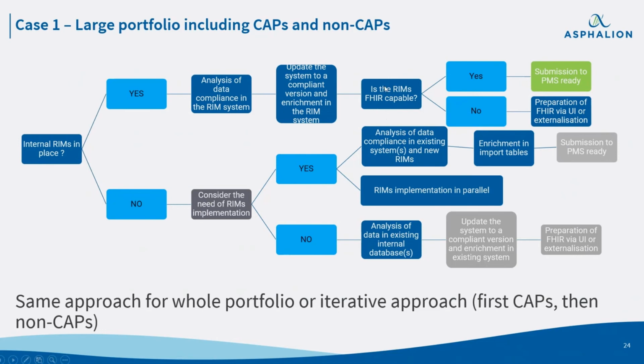Then we also have to ask the question if our RIM system, well, we have the information in there, but is it capable of creating this FIR message? Because you can have a nice database with all the information in one single place, but then you can either click a button and you get this message ready and you're ready for submission, or it does not have this function, and at least you have a place where you can check that the information is up to date, and it's one single place.